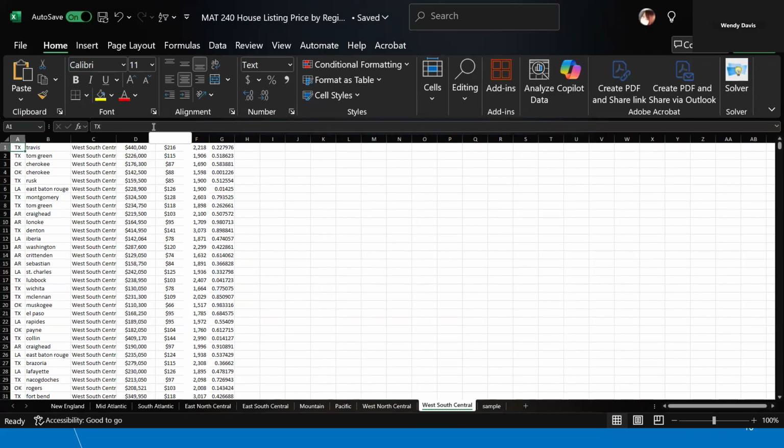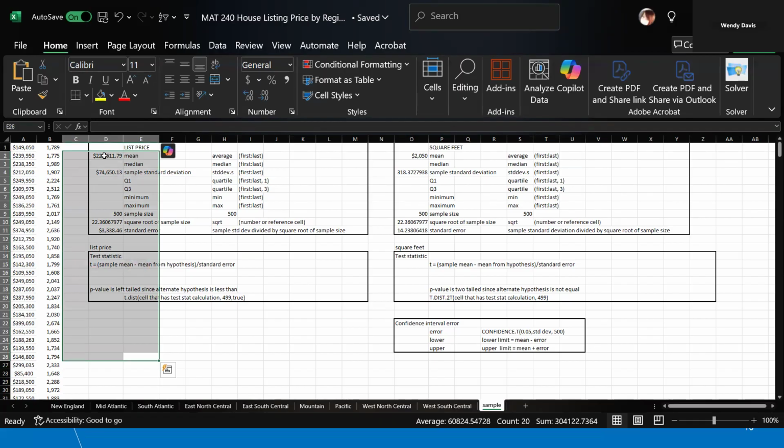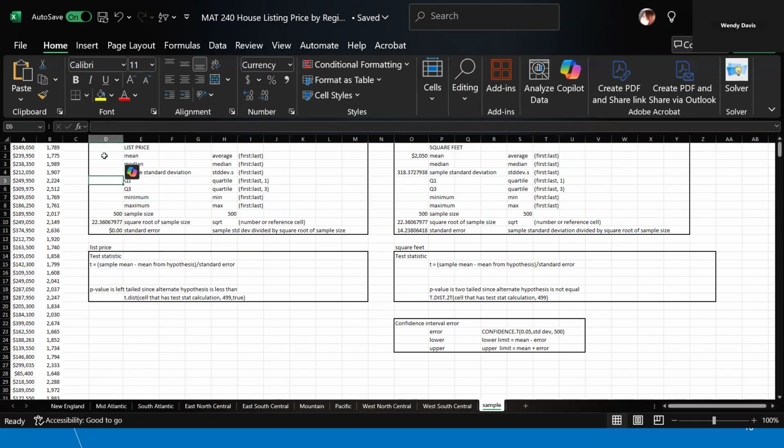Now all we really need is list price and square feet. So either cut and paste or copy and paste to a new sample, which I've done here. I've done a few things here, let me delete all that.